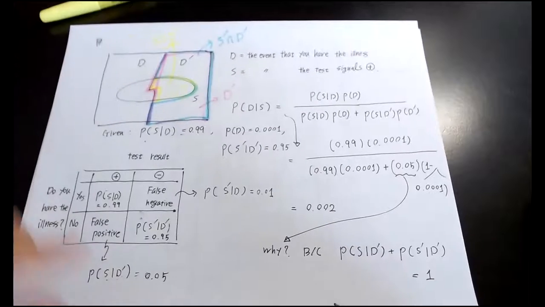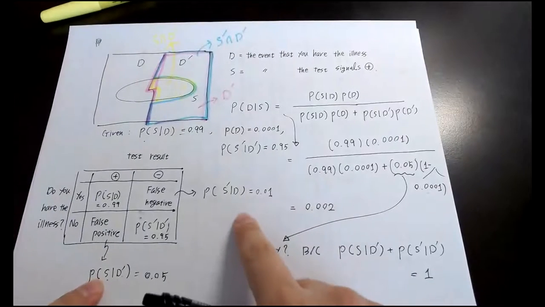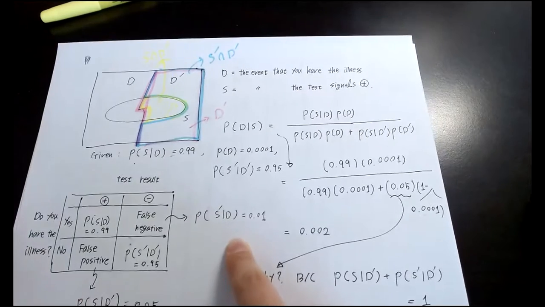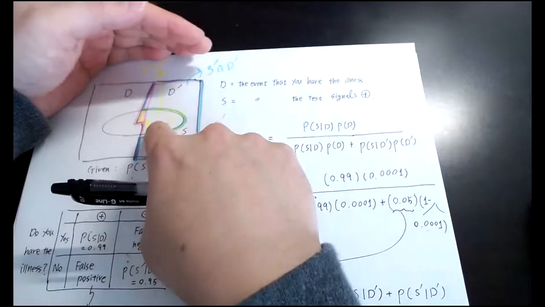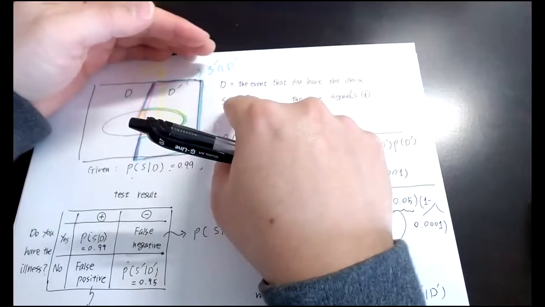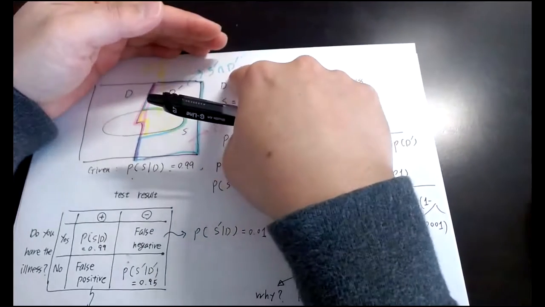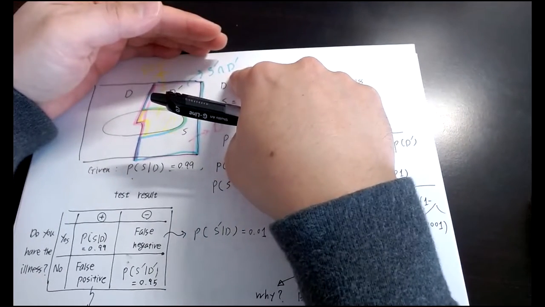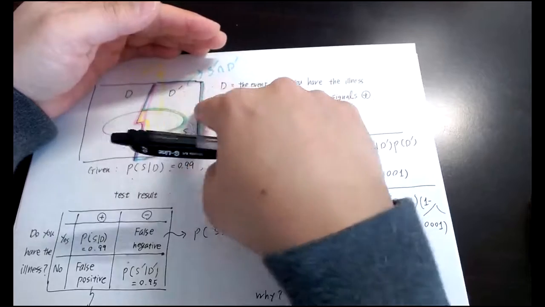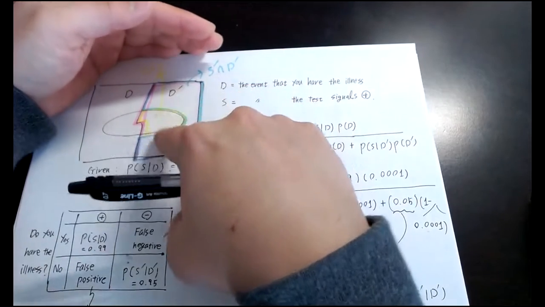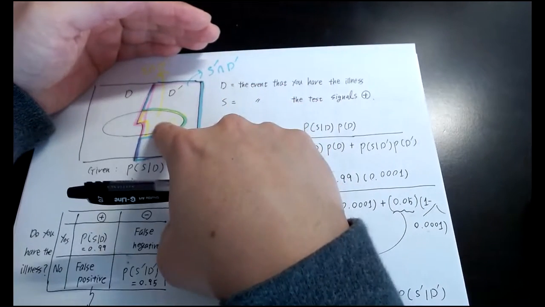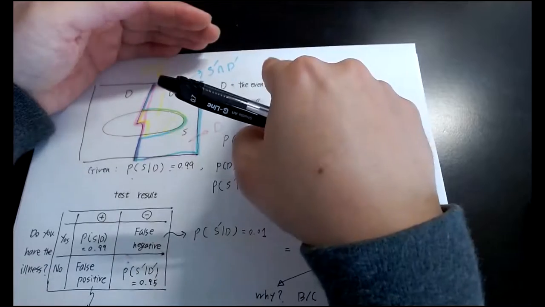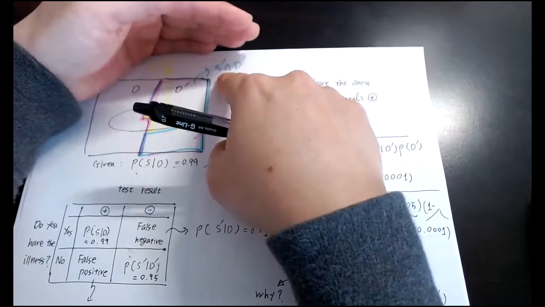These two probabilities have the same denominator, the number of outcomes in D prime, right? And the number of outcomes in S intersection D prime plus the number of outcomes in S prime intersection D prime is nothing but the number of outcomes in D prime, because D prime can be expressed as S intersection D prime, which is the part colored yellow, plus S prime intersection D prime.